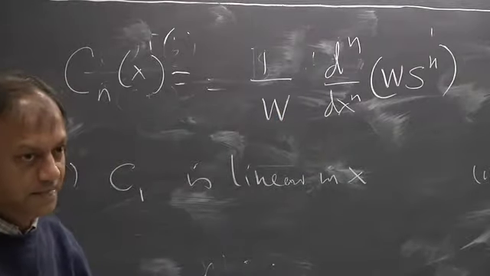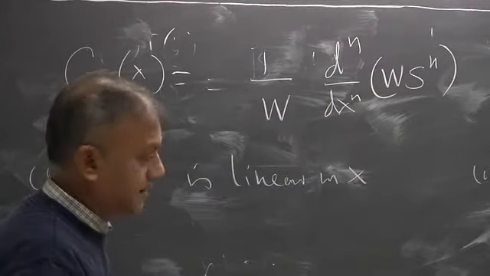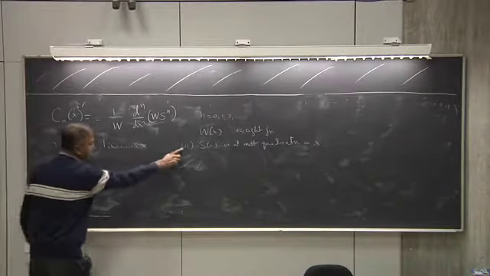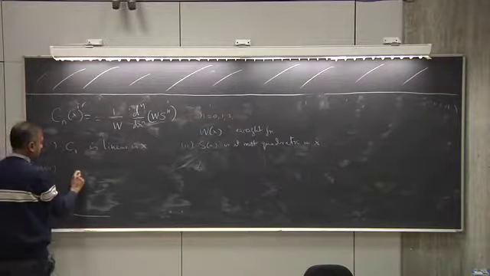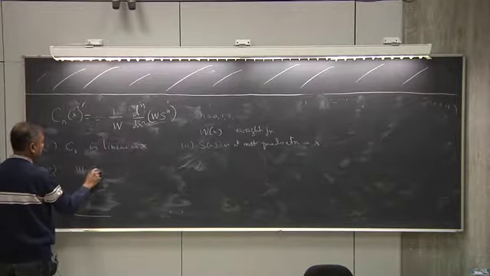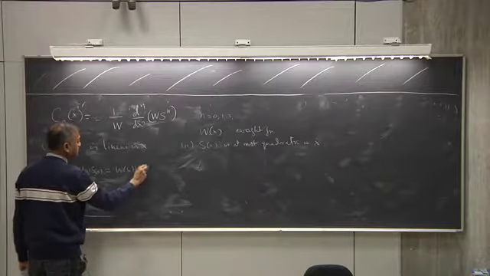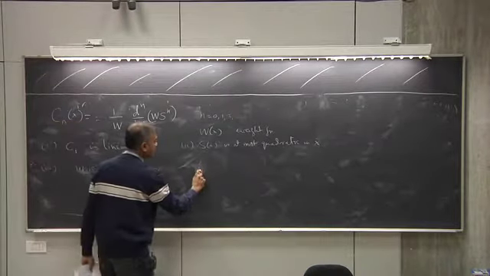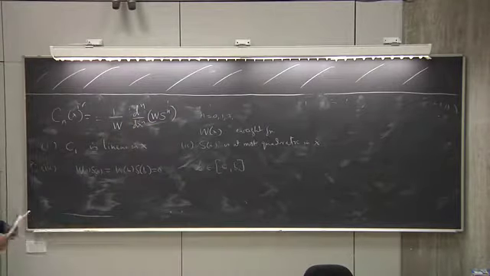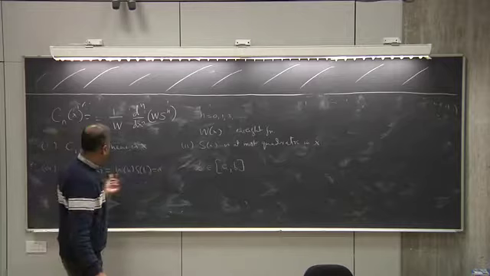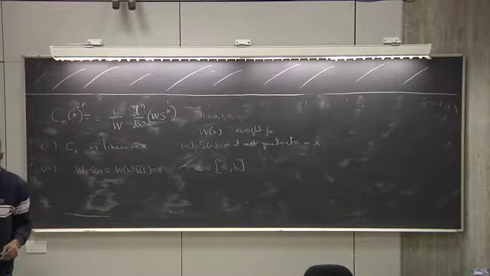So this is an important condition on w. And the third condition had to do with the boundary conditions: w(a)s(a) equal to w(b)s(b) equal to 0, where we are looking at x in the interval a to b. So at the end points of the interval, the product of w and s vanishes. These are the three conditions.